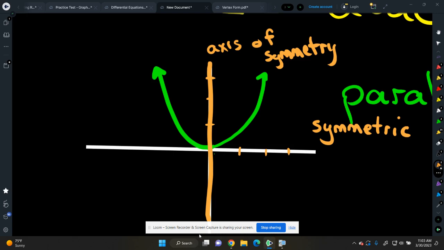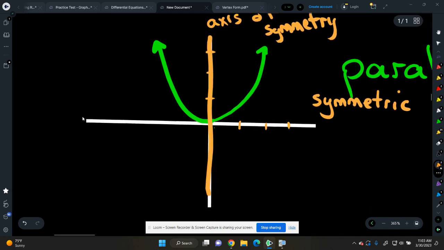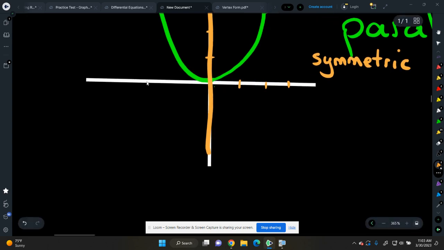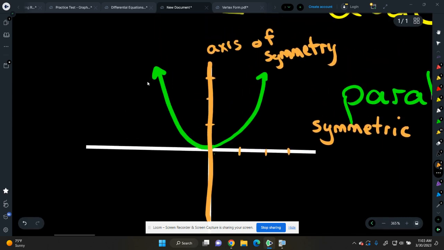A parabola is symmetric. So if we were to take our paper and fold it over on this orange line, the two green halves would match up exactly. That's called symmetry, and the line that we folded over on is called the axis of symmetry.